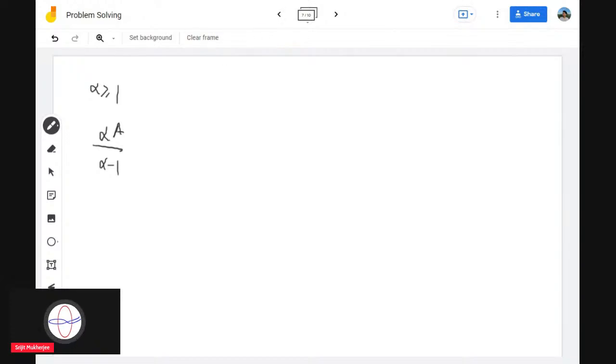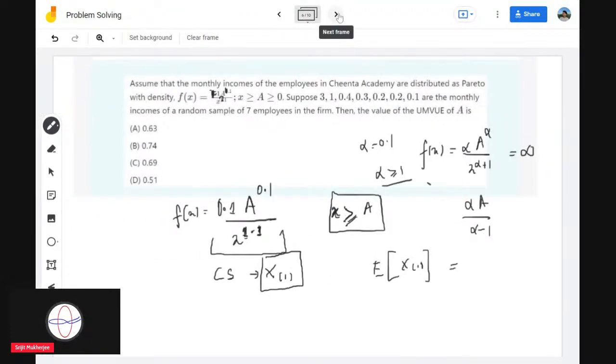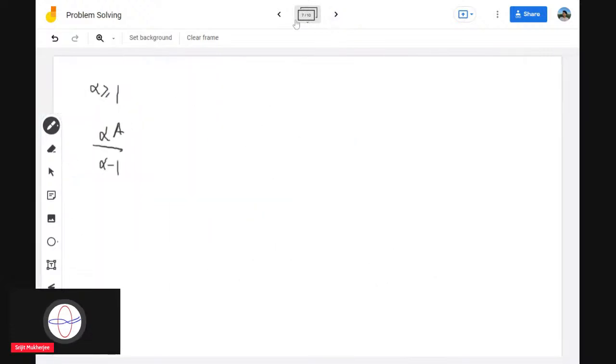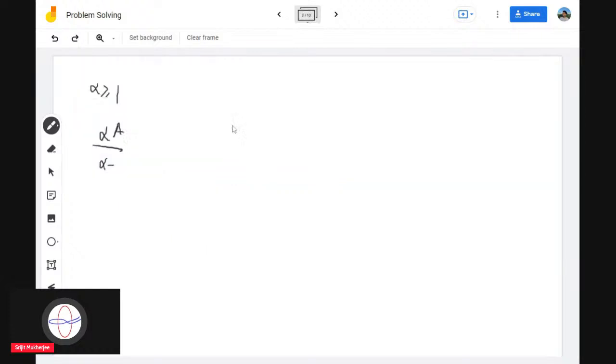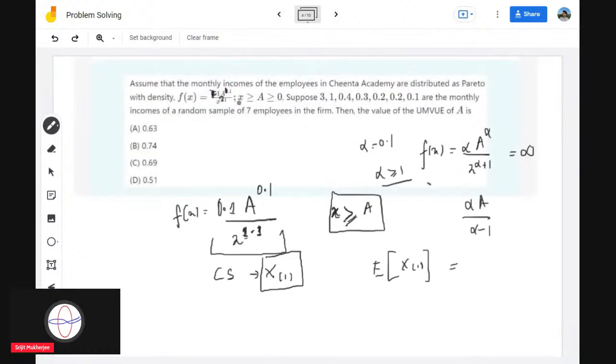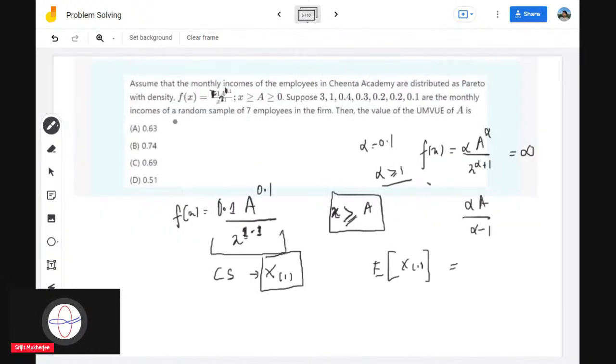I didn't understand your doubt, maybe. Yes, I was saying that for that value of alpha, the expectation is not defined. Oh, okay. So I think there's an issue in the question. I think it should be alpha greater than or equal to 1. You're right. So alpha greater than or equal to 1 is where it's defined. Yes. So the UMVUE is not defined, but do you know what the UMVUE comes out to be for the standard distribution?